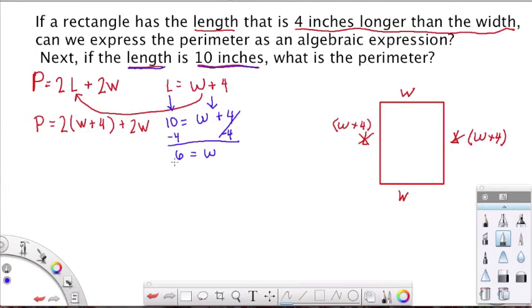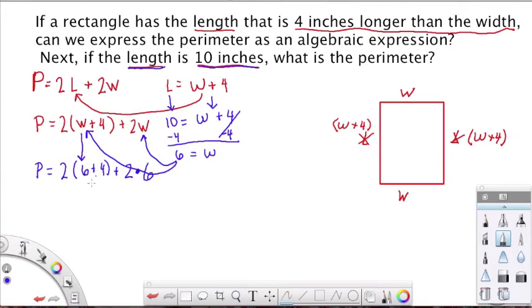Let's plug 6 now into our expression, and we're going to get perimeter is equal to 2 times (6 plus 4) plus 2 times 6.